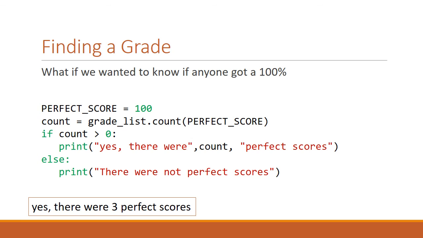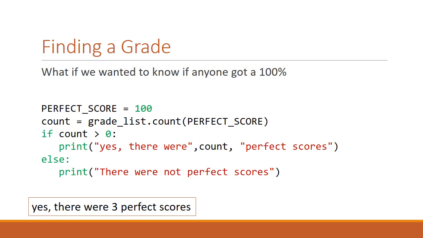So in this code, we set perfect score equal to 100. Then we call the count method gradelist.count, and we pass in 100 as our parameter. And this is going to return the number of times 100 occurs in our list.